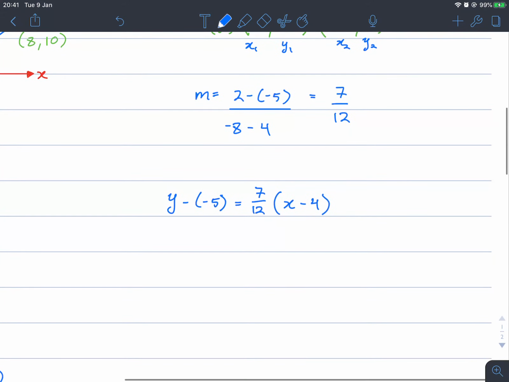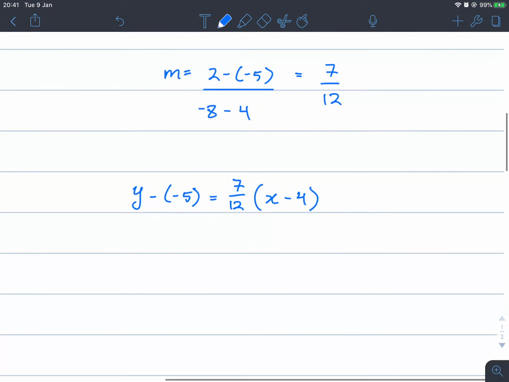For this one, I will demonstrate how to calculate this in the y-intercept form. So let's evaluate each part. We get y plus 5 equals 7 on 12 x minus, well, 7 times 4 is 28 on 12.